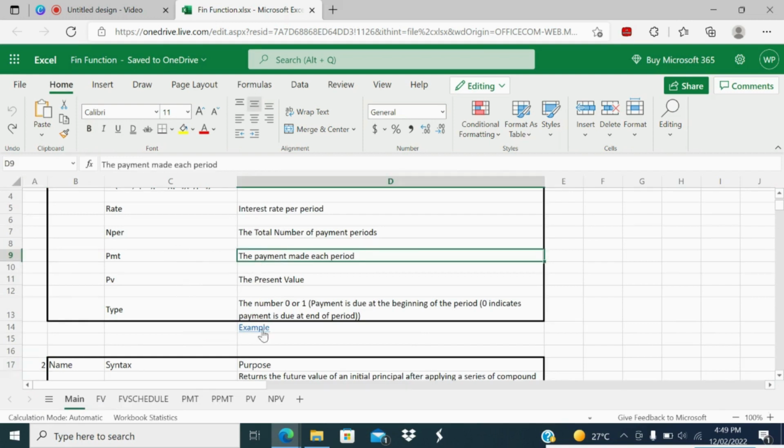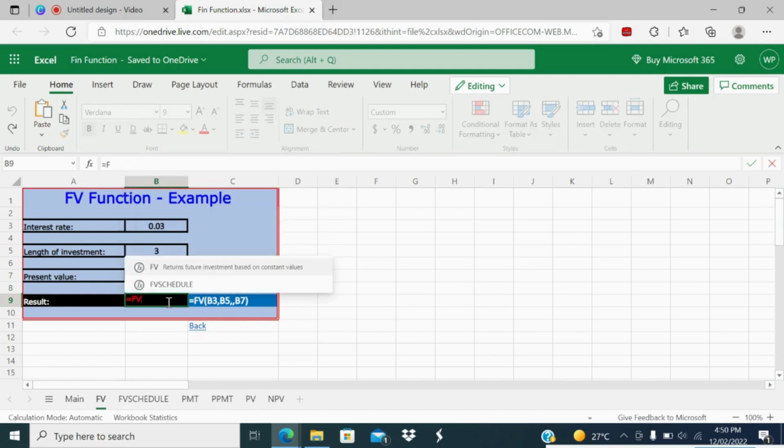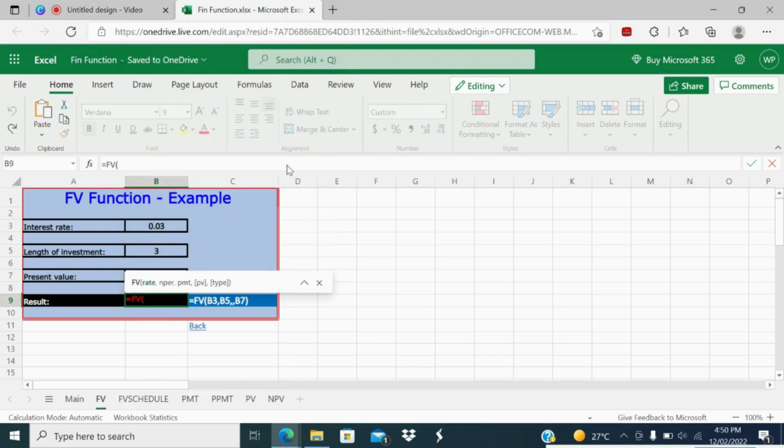Now, the payment made each period I am not going to consider. Let me write this formula again. Equal future value, interest rate, comma, length of investment, comma, next PMT.